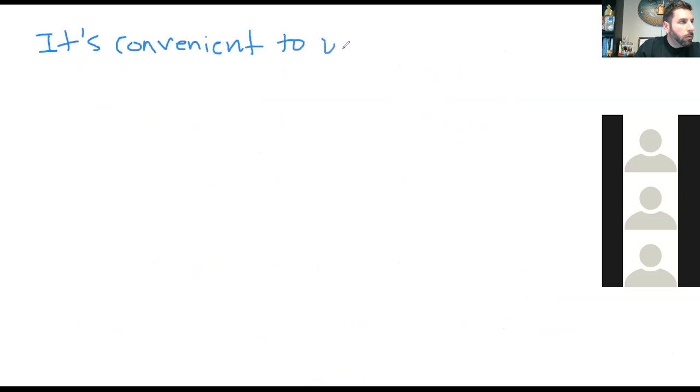So as you guys know, we have shorthand for this. It's convenient to use what we call sigma notation. You'll remember we can shorthand this.